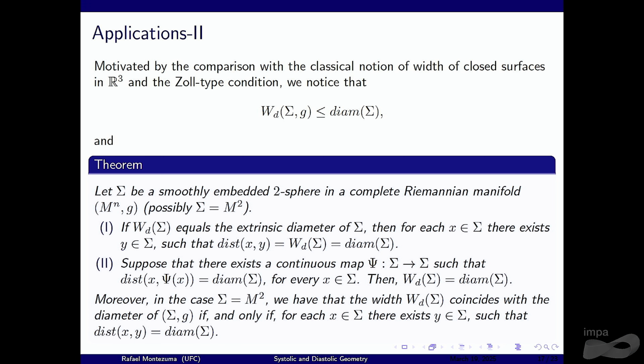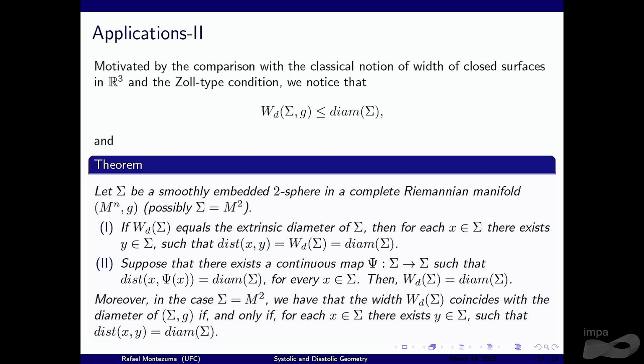Then we have this characterization again of metrics realizing this equality. So actually we break this into 2 parts. If you have equality, if the width equals the diameter, then for each x, there is a y which is diametrically distant. But the converse, we don't have.